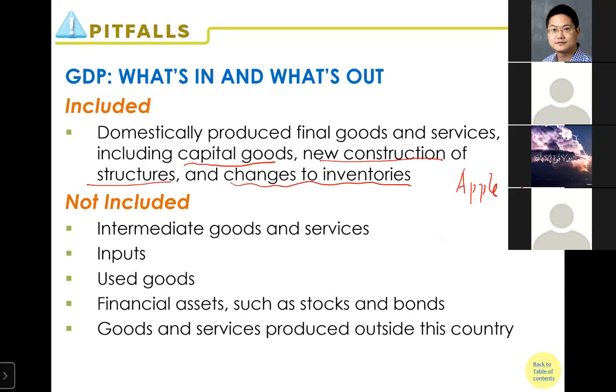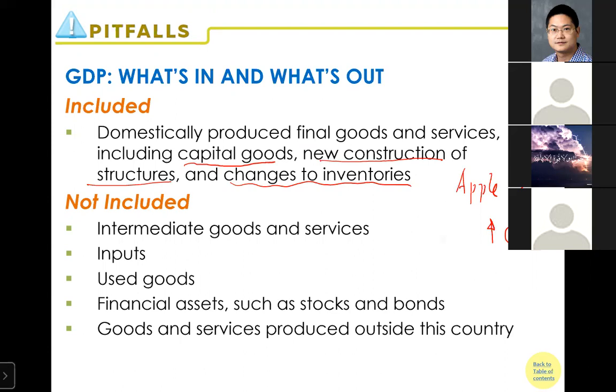They only sold 4 million. They have 1 million iPhones left. They are going to add them into their storage. Okay, this 1 million is considered inventory. And this 1 million also increases inventory. This increase in inventory is going to be considered as GDP.